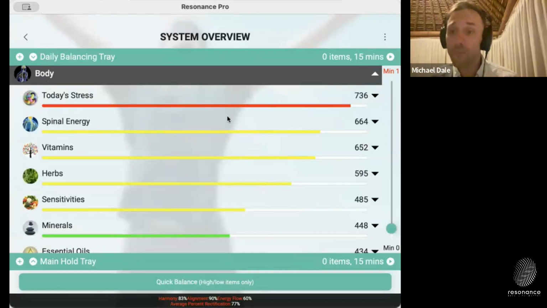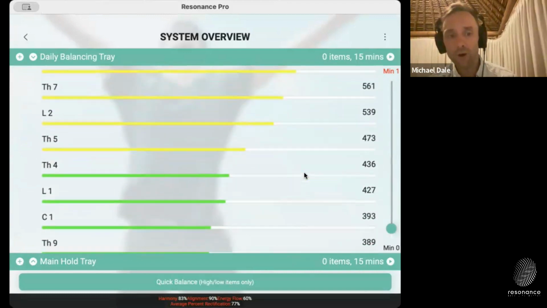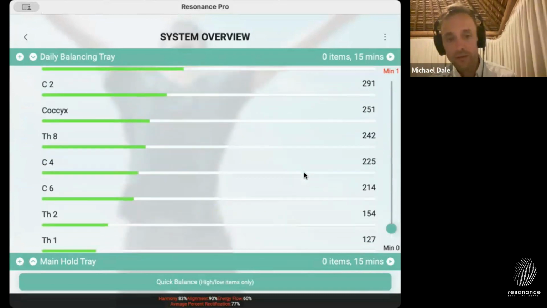So here we have the spinal energy section, and as you can see, it's come up yellow. What I can do is click on spinal energy, and it's going to come up with the different regions of the spine. You've got the whole spinal column here.